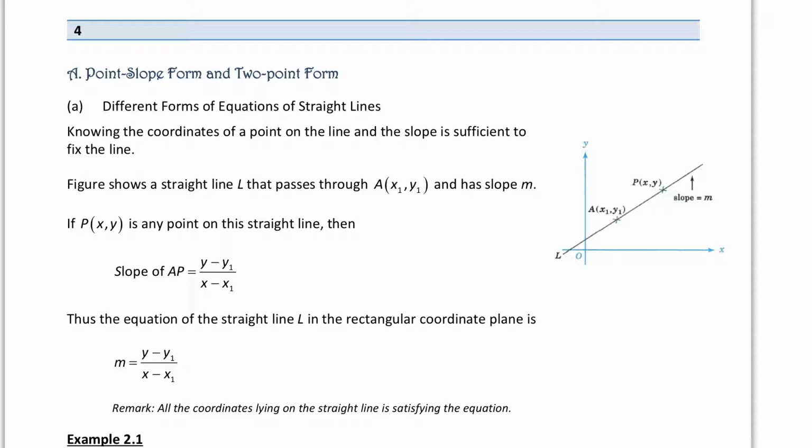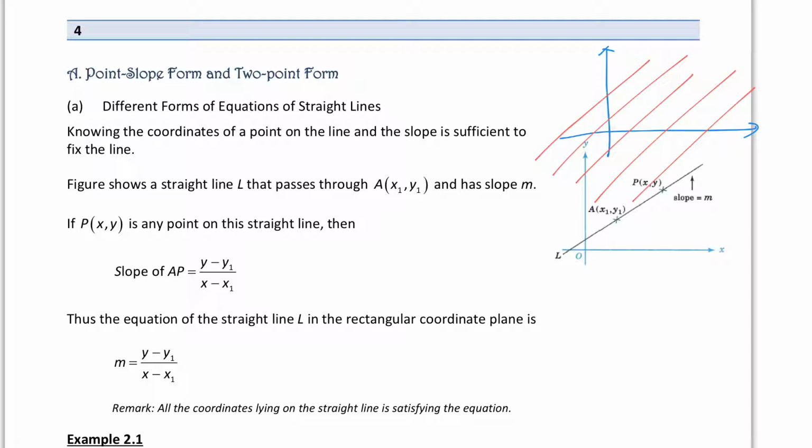First of all, I want to discuss how we can fix a straight line. Consider a straight line on the xy plane. If I only know the slope, there are infinitely many possible straight lines with that slope, all parallel, so we cannot fix it.